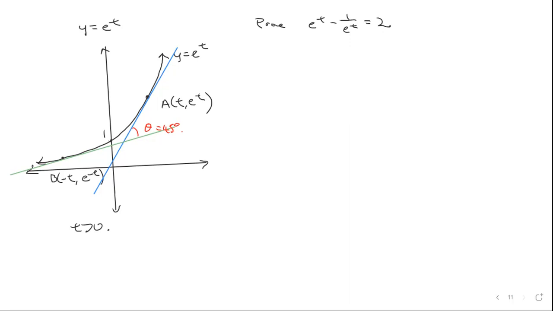We're going to have to use this information about the two tangents forming an angle of 45 degrees. That technically isn't part of the syllabus anymore, although I think part 2 we can do. Even so, you can kind of work it out from the theory you've learned.